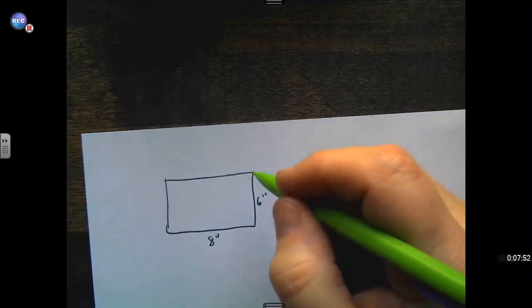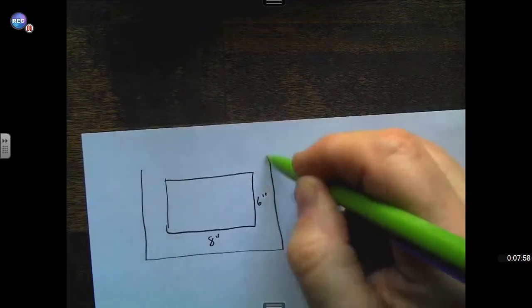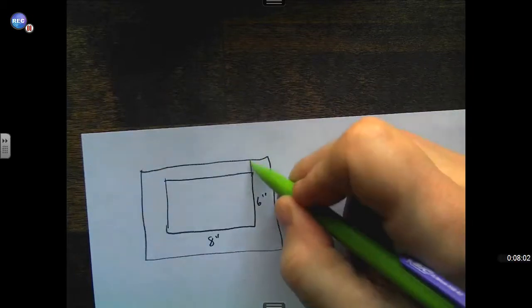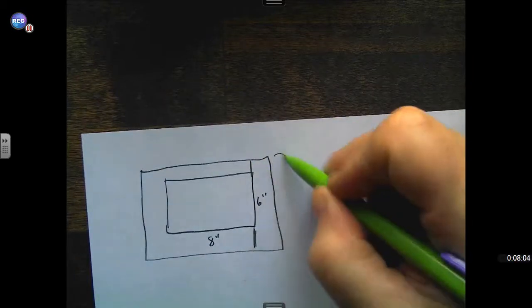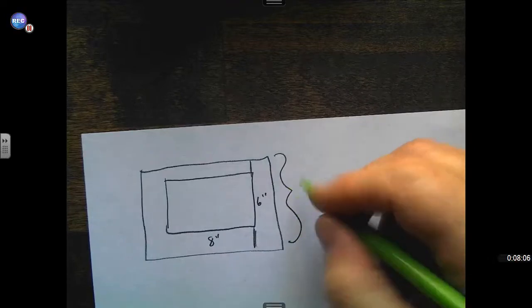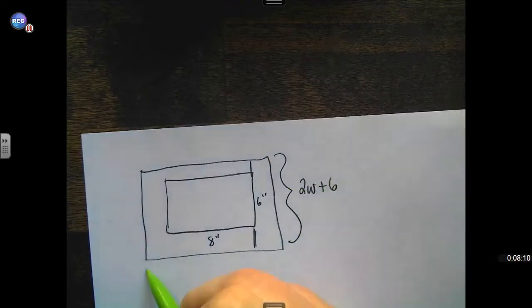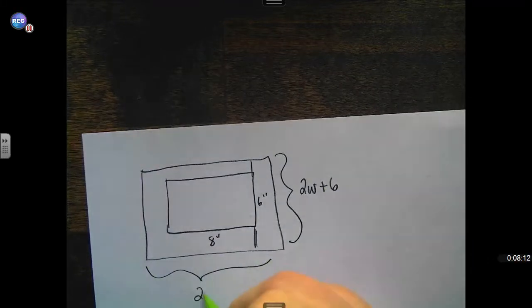And he wants to surround it by a frame that is W inches wide. Okay, so that means that this new width is going to be 2W plus 6, and this new length will be 2W plus 8.